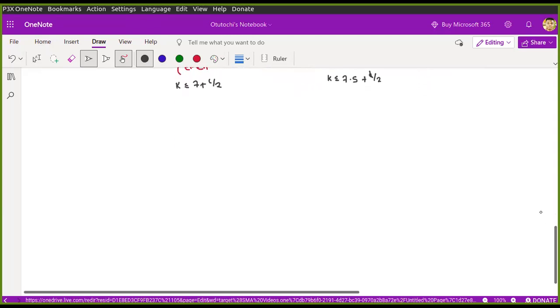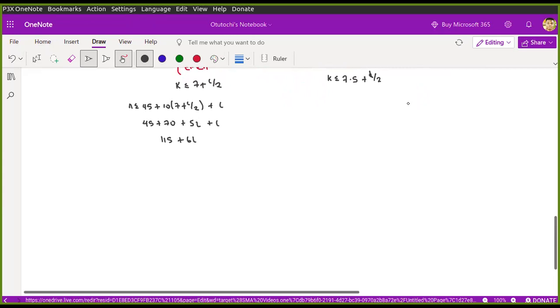So of course, we have that n is equal to 45 plus 10k plus L. So if k is less than or equal to this, then basically n is less than or equal to 45 plus 10 times 7 plus L over 2, plus L. And this is 45 plus 70 plus 5L plus L. And this is 115 plus 6L.